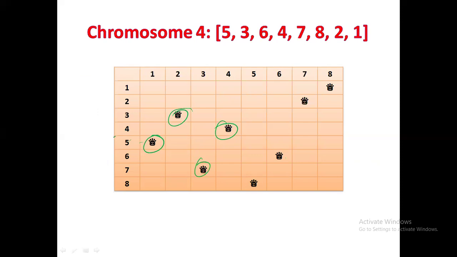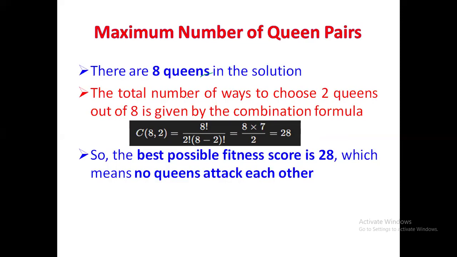Whether it is hitting or not, it has been placed in this 8 cross 8 table. 8 queens are there, and the total number of ways to choose 2 queens out of 8 is given by the combination formula, that is C of 8 comma 2 is equal to 8 factorial divided by 2 factorial into 8 minus 2 factorial. So this can be written as 8 into 7 divided by 2, correct? The value is equal to 28.